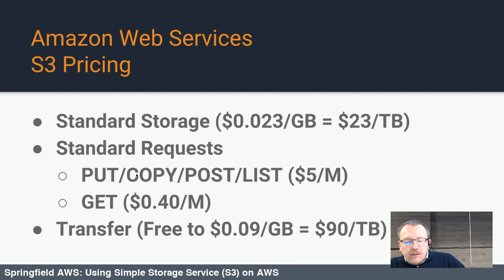They charge $5 per million requests for PUT, COPY, POST, and even LIST requests, which is showing a list of the objects that match a certain prefix or the objects that are in a store. They charge less than 10% of that fee for GET requests. So you can sort of see how they offer a discount for the GET request.